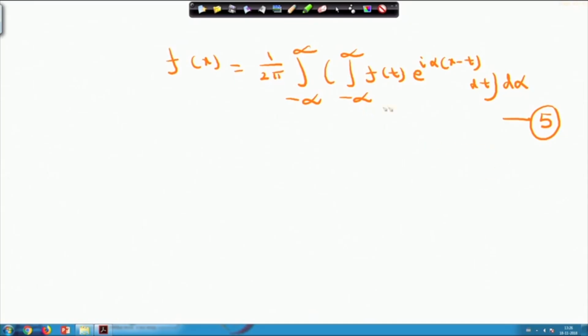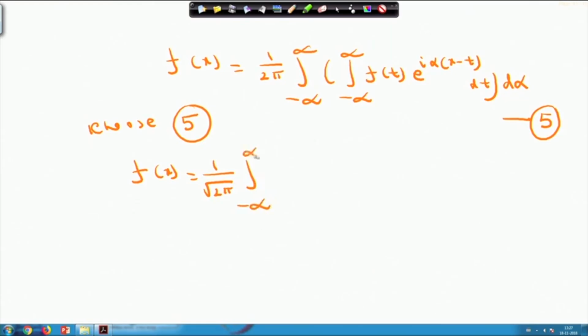If I choose equation 5, then f(x) again I can write this way: 1 by root over twice pi, into minus infinity to infinity, e power I alpha x, which I am just breaking out and bringing outside because it is independent of t.